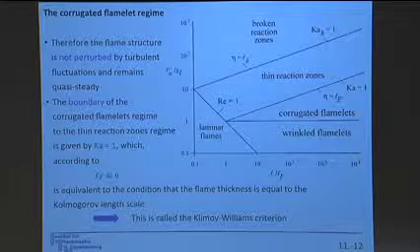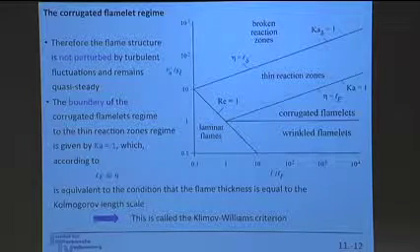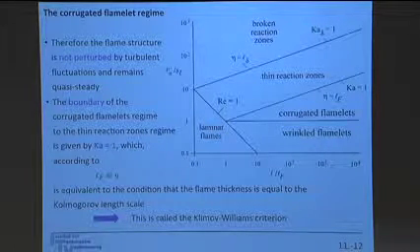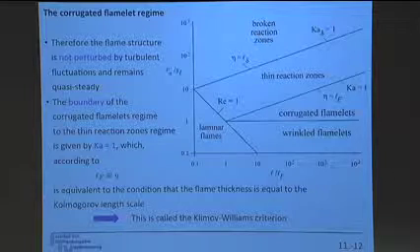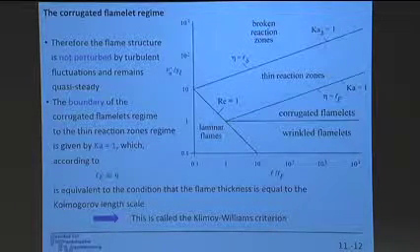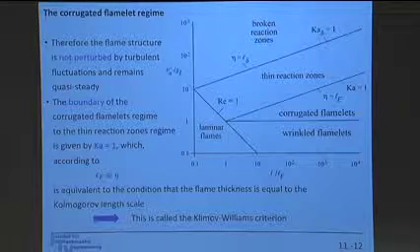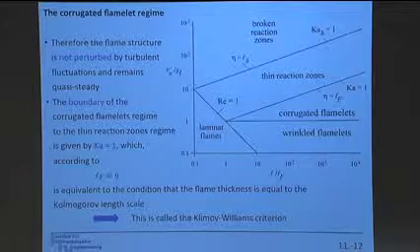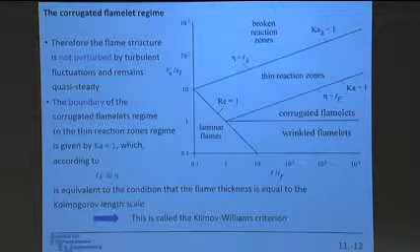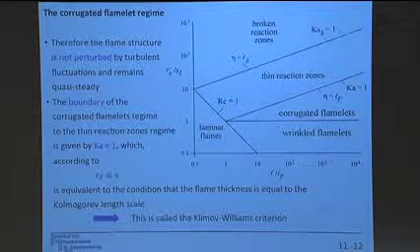If you go to larger flame thickness or smaller Kolmogorov scale, then you cross this Karlovitz equal 1 line. The only thing I didn't say is that this is also called the Klimov-Williams criterion. So this line is called the Klimov-Williams criterion, just in case you ever hear this term mentioned somewhere.